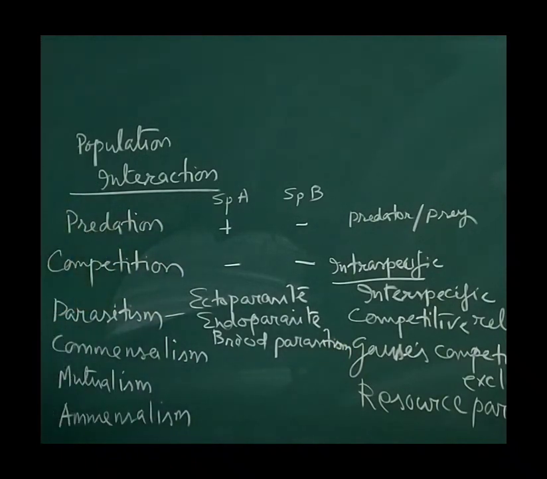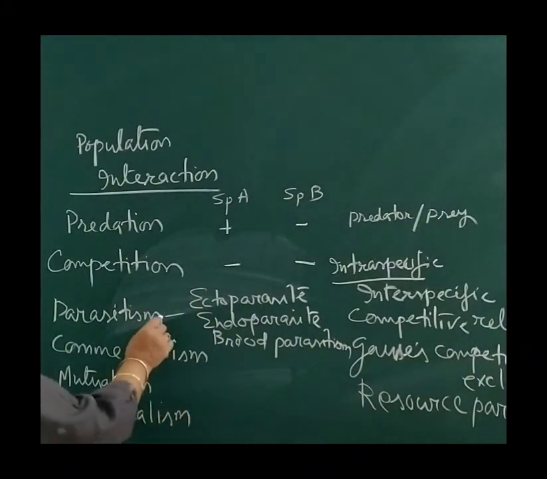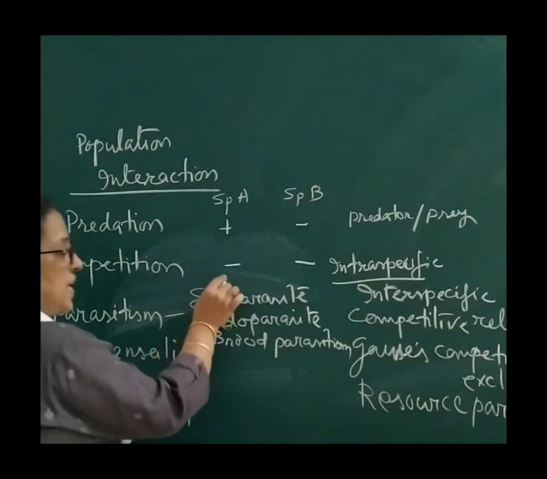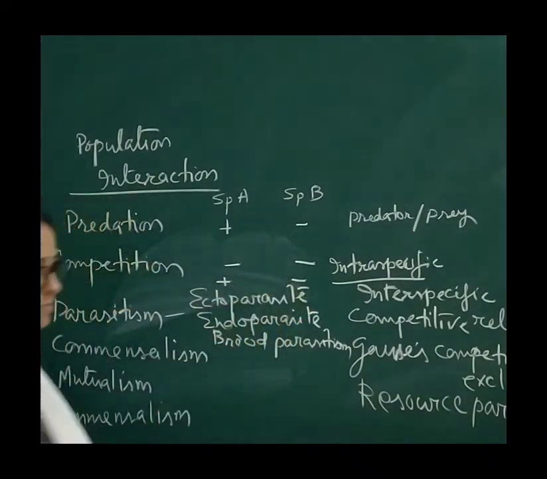These three are the types of parasitism. Parasite means the host species is required, and in this interaction one species is positive and the other is negative because the host is harmed. Parasites are normally of three types: ectoparasites, endoparasites and brood parasites.